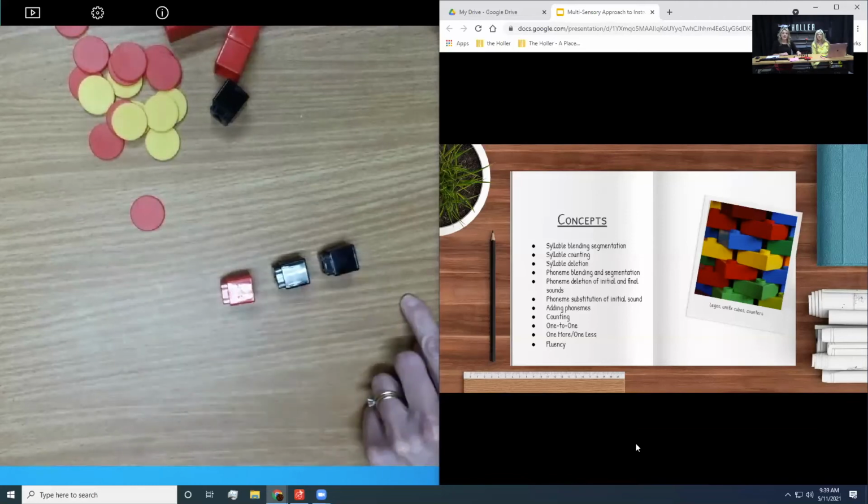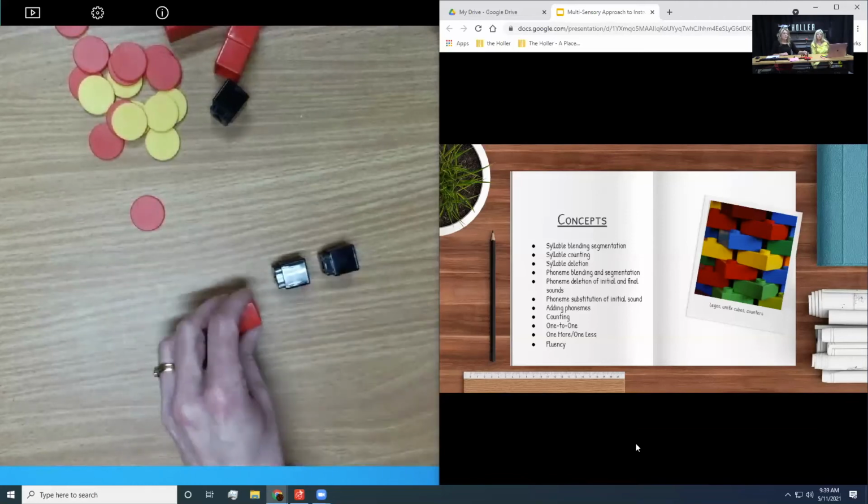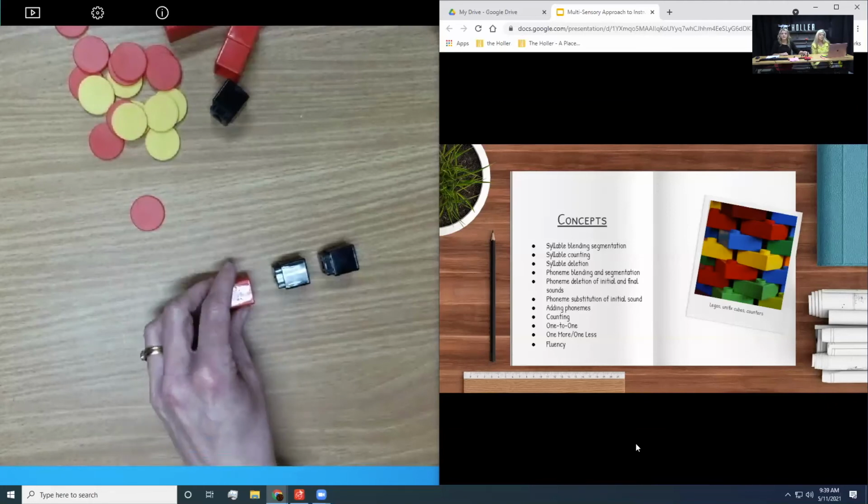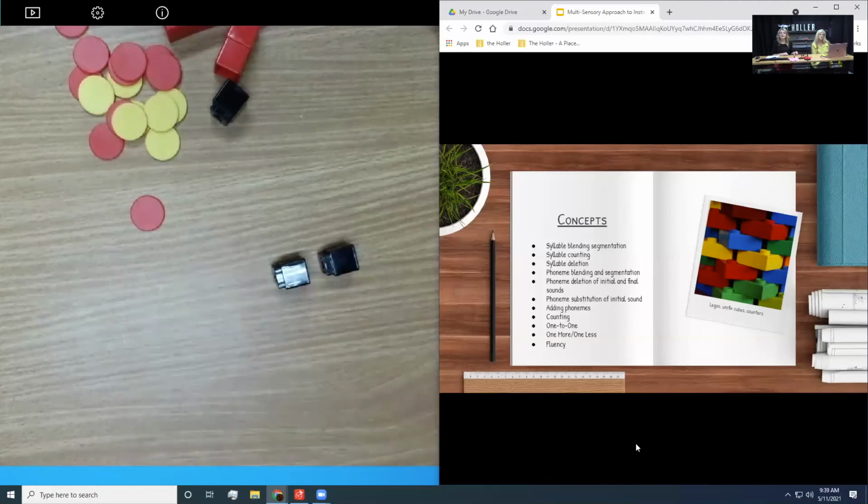At, cat. Okay, and then you can say, all right, now I'm going to take the k away. What do I have? At. And then you can do that with a different sound, and things like that. And now at this point, you're not saying, I'm going to give you a C. You're going to say, I'm going to give you the K sound, because you're looking at sounds.